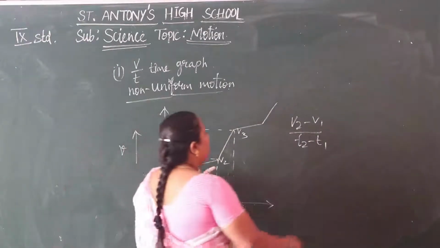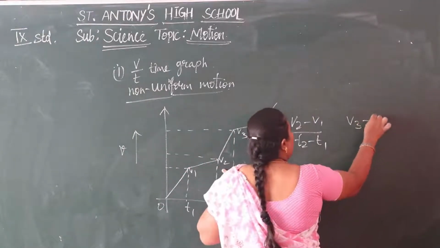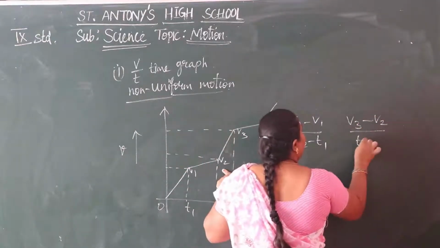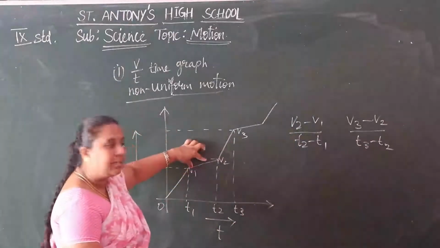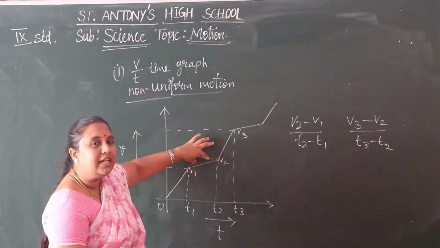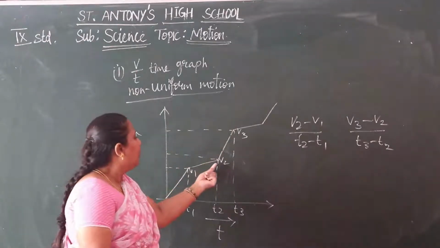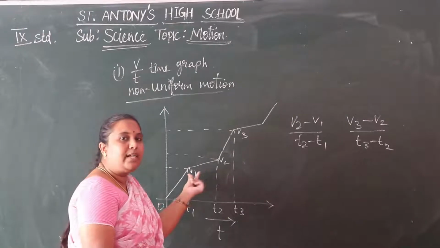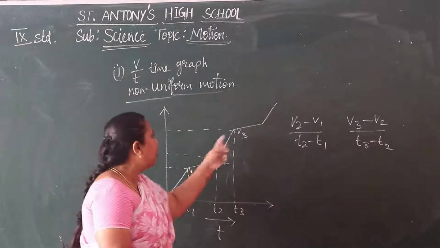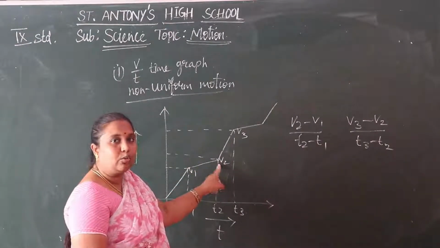And we calculate v3 minus v2 by t3 minus t2. These two are not equal, that is unequal. So v2 minus v1 is not equal to v3 minus v2.